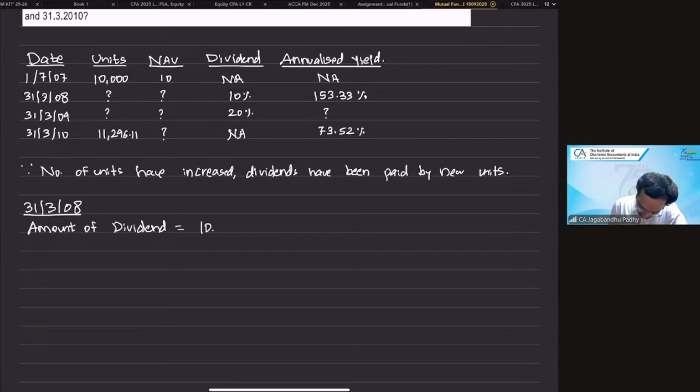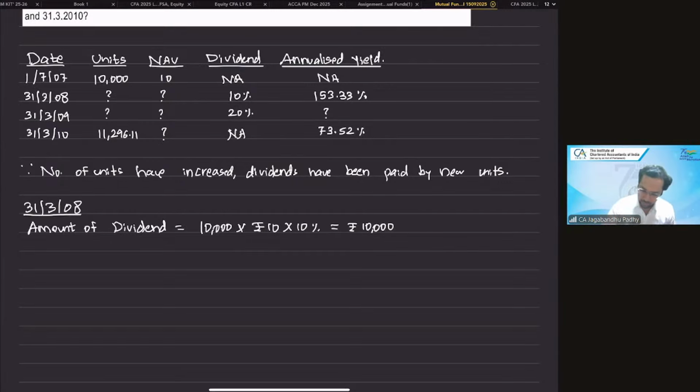It's obviously 10,000 units, and on that we have a face value of 10, into 10%. So 10,000 into 10 into 10%. How much is it? Rupees 10,000. So dividend is rupees 10,000.